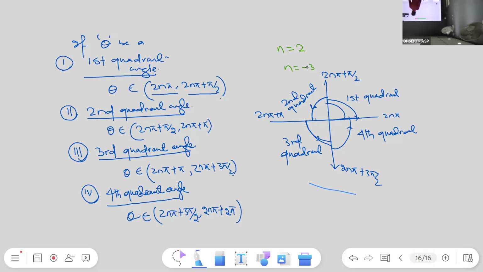Next, quadrant classification in clockwise sense. This is our 2n pi region. This is 2n pi minus pi over 2. This is 2n pi minus pi, 2n pi minus 3 pi by 2, then 2n pi minus 2 pi.